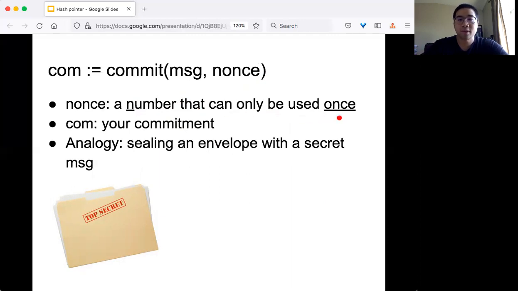Once I do this operation, I will get com, where com is my commitment. The analogy is that the message and nonce are already inside this envelope, and what I get is this envelope, represented by com, which is a binary value, and that is my commitment. So I'm going to tell everyone, hey, this is my commitment.